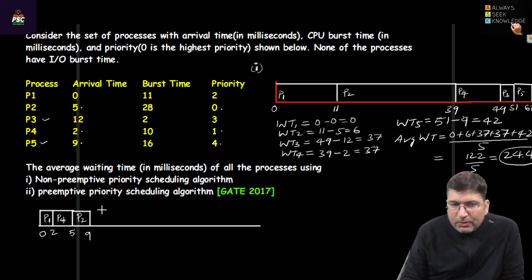P2 will keep on executing. Here P2 has consumed only 4 cycles; the remaining 24 cycles it will also consume, so it will be executing till 33.